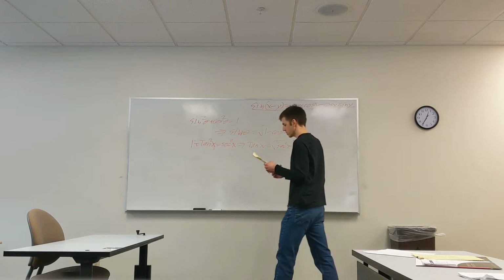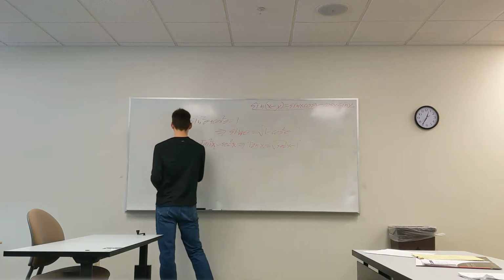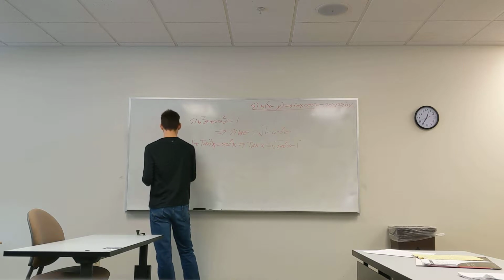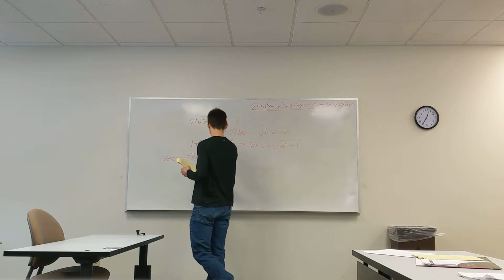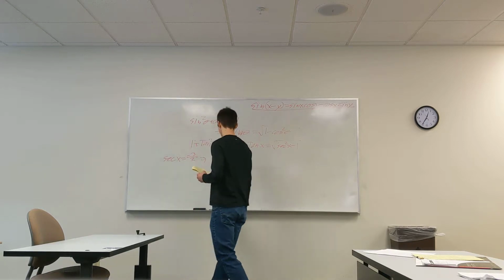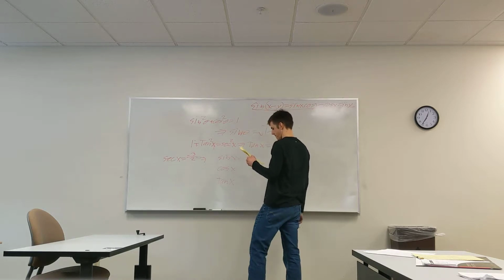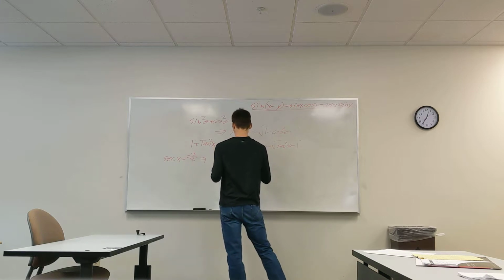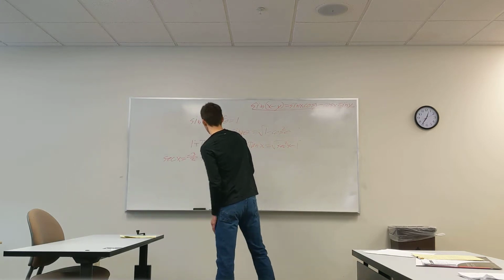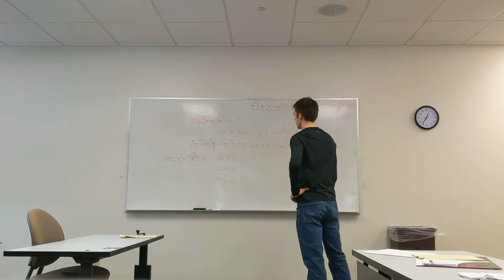So find the 6 trig values when secant is negative 3 over 2. So you can actually use our trig identities to find what this is, right?